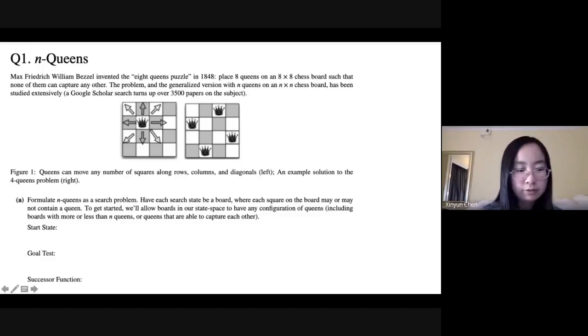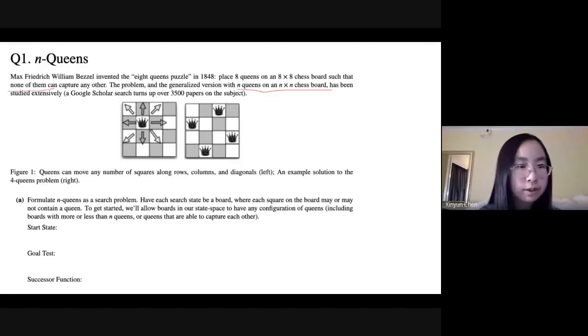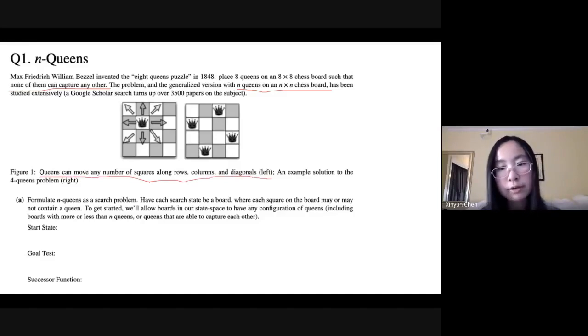From the problem statement, we can see that the general goal is to place N queens on an N times N chessboard so that none of these queens can capture any other. What do we mean here? From the caption of figure 1, we see that queens can move any number of squares along rows, columns, and diagonals.